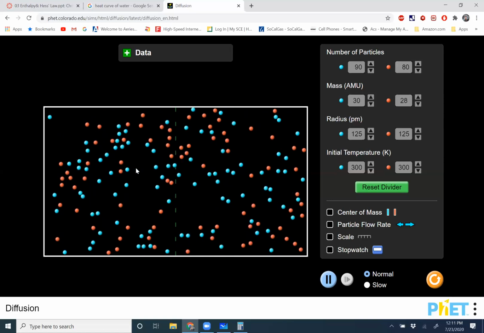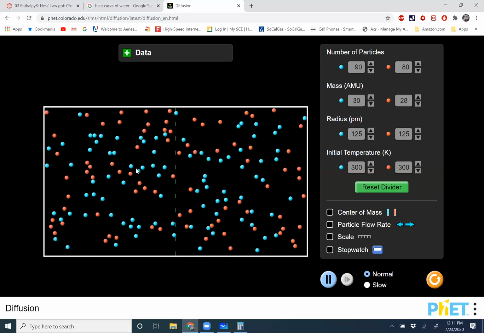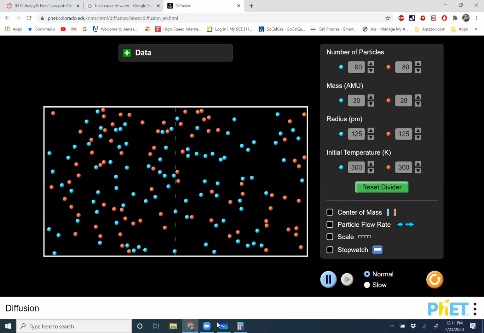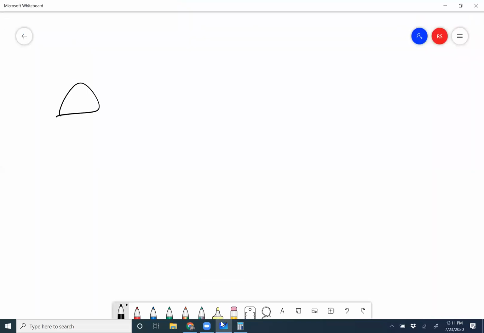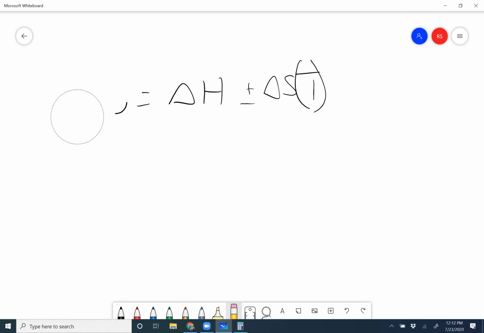So that's just a quick, brief overview. I'm not going to have you guys calculate Gibbs free energy, which is going to be delta H, plus or minus the change in entropy, and then the temperature. You guys aren't going to need to do that.